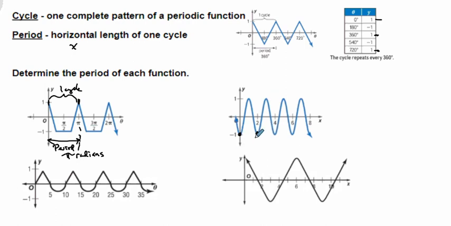So this is your cycle, and the period of your cycle is 2 units. And I'm writing units because I don't know what the unit is. So the period for the previous one would be pi radians. This one is 2 units, right?